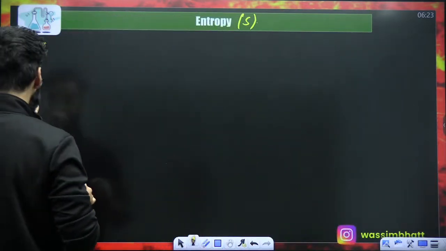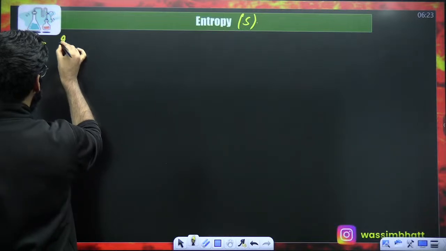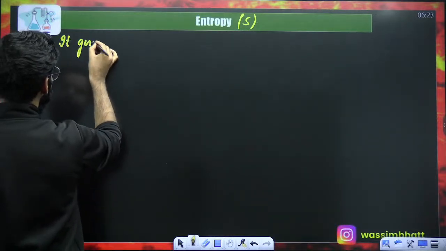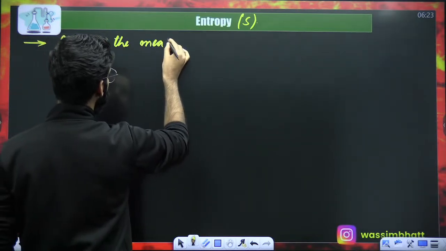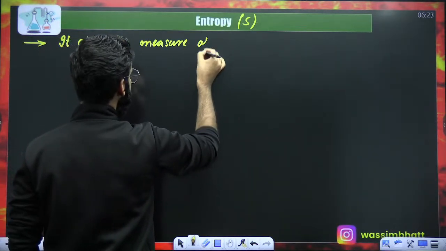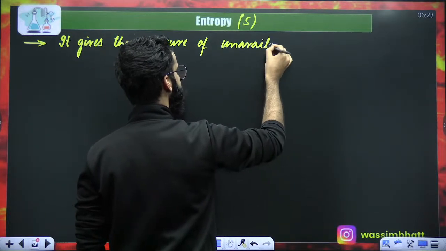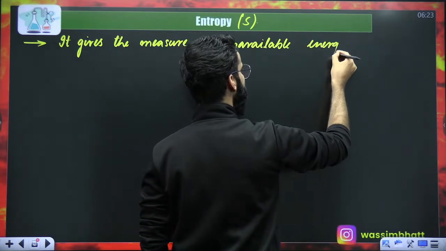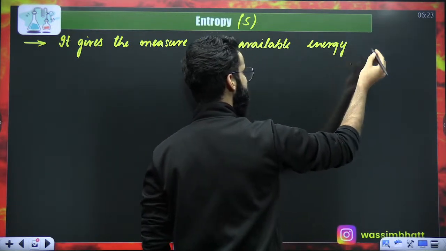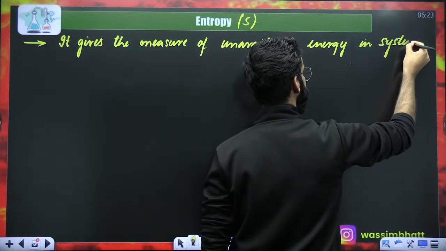Okay, so see, if I talk about entropy, it gives the measure of unavailable energy present in the system. Point number one.